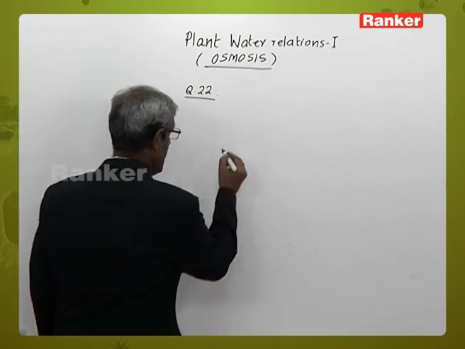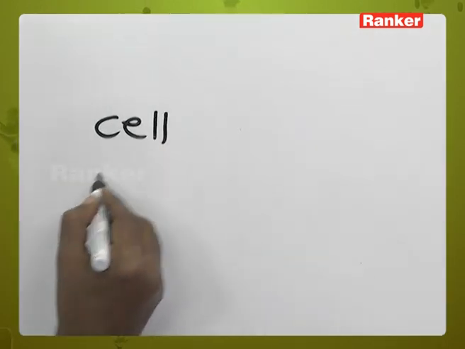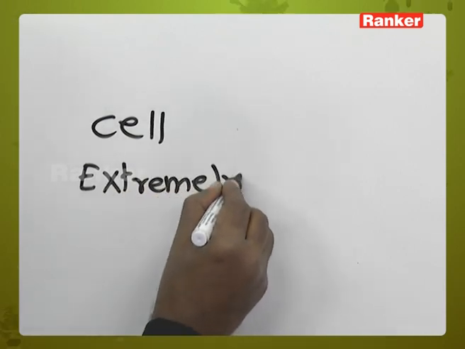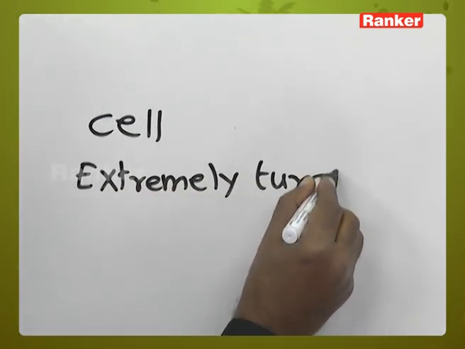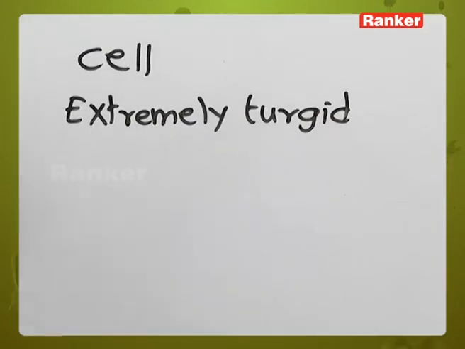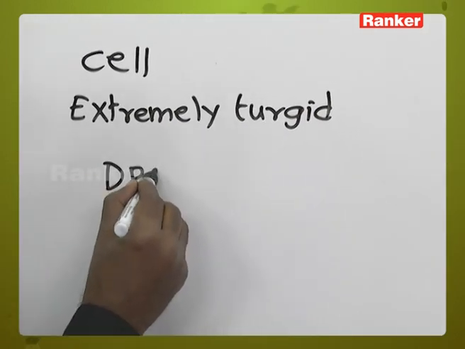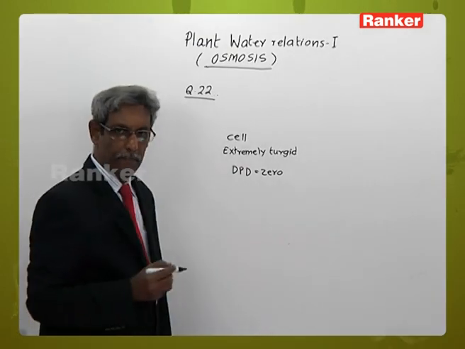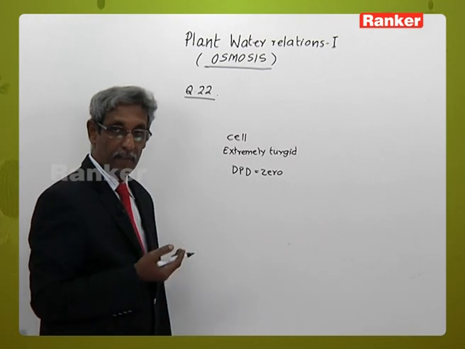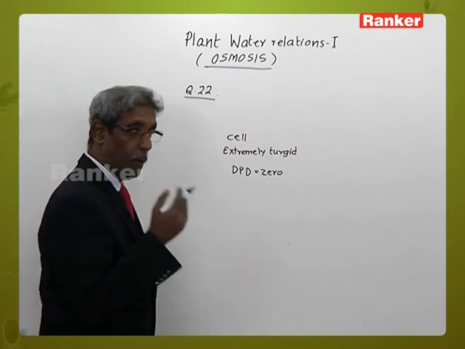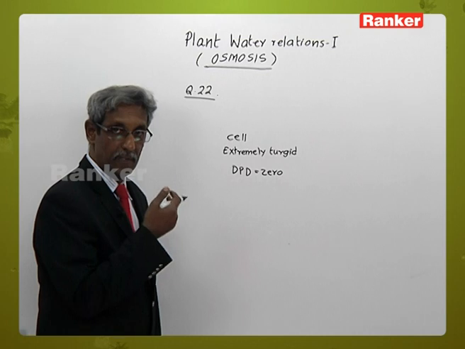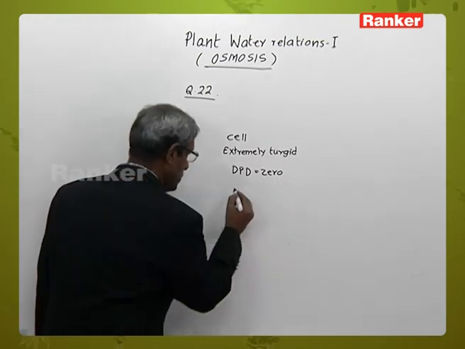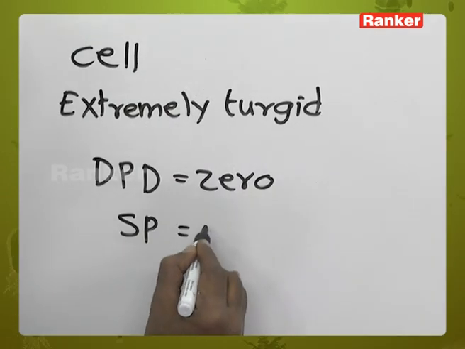We primarily understand that when you take any particular cell, the term extremely turgid would always imply that the value of diffusion pressure deficit is equal to 0. Now, whenever the diffusion pressure deficit is equal to 0, that is OP is equal to TP, or wall pressure is equal to 0, or there is no difference between OP and TP, then the suction pressure also becomes 0.